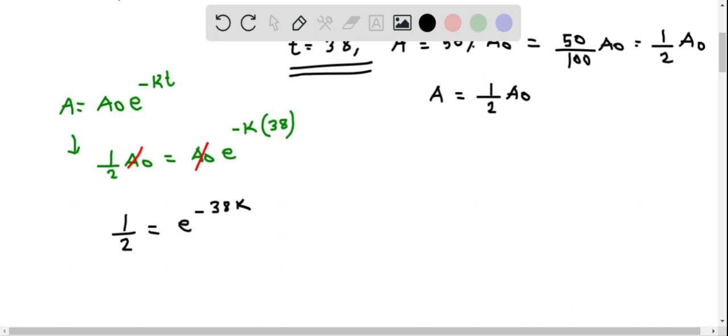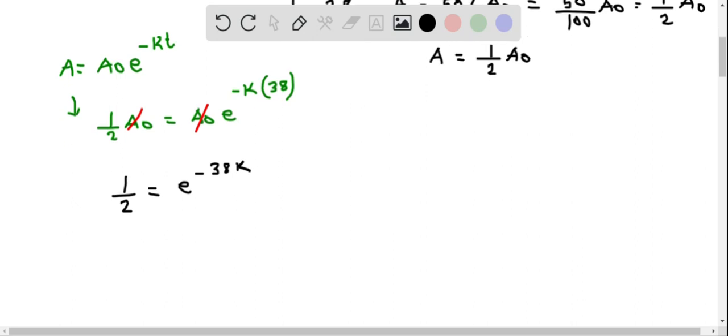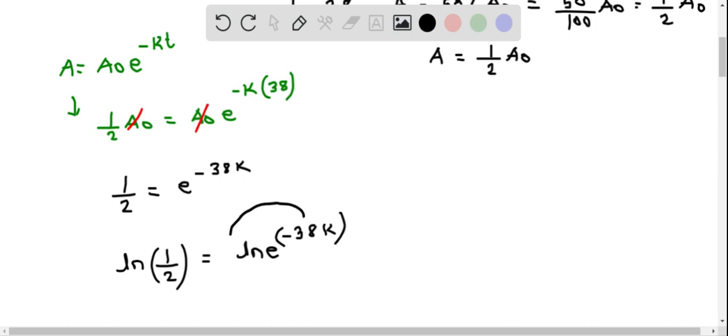Now we apply natural logarithm to both sides to determine the value of k. So this becomes natural logarithm of half equals natural logarithm of e raised to the power of negative 38k. Using the power property of logarithm, this negative 38k comes in front.